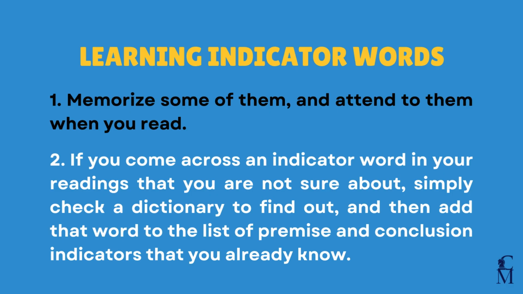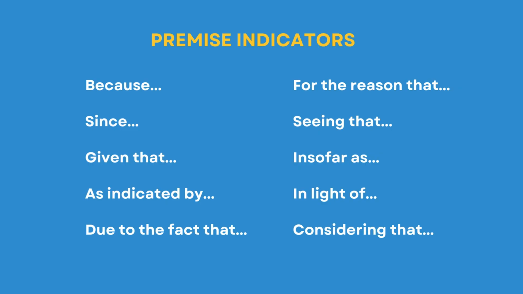And if you come across an indicator word in your readings that you are not sure about, simply check a dictionary to find out, and then add that word to the list of premise and conclusion indicators that you already know. Here is the list of typical premise indicators again. You might want to write them down if you are not already familiar with them as premise and conclusion indicators.